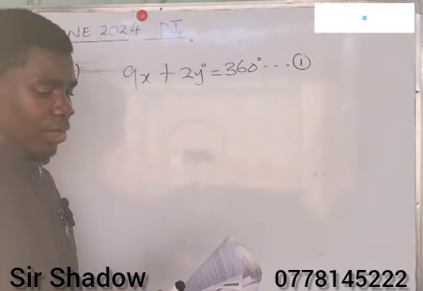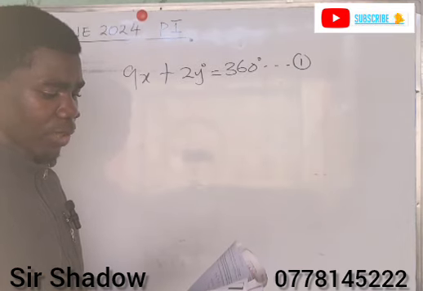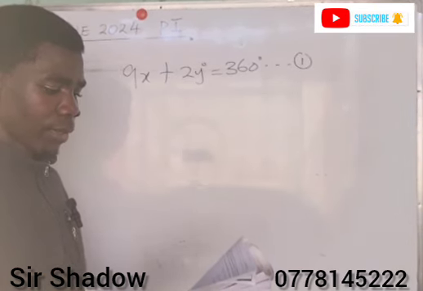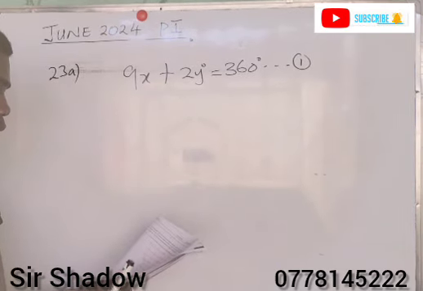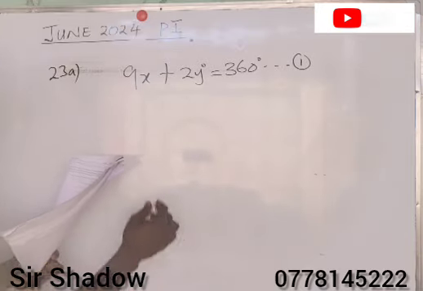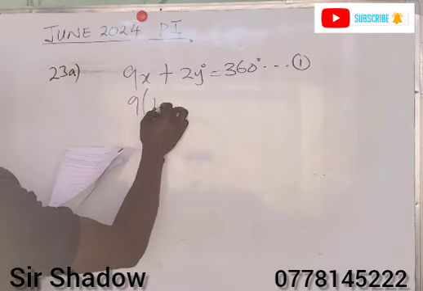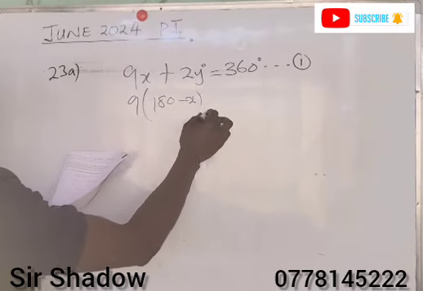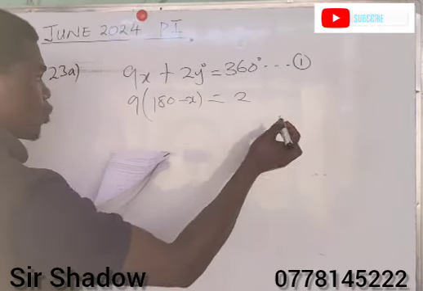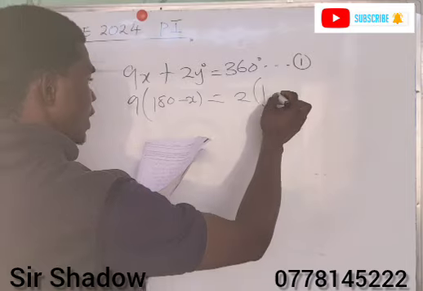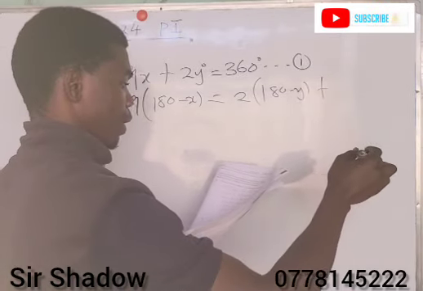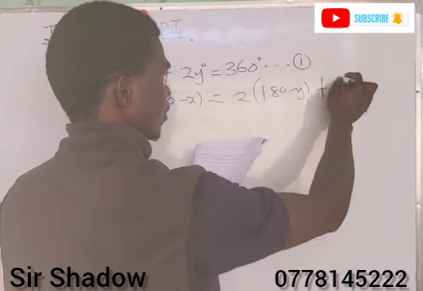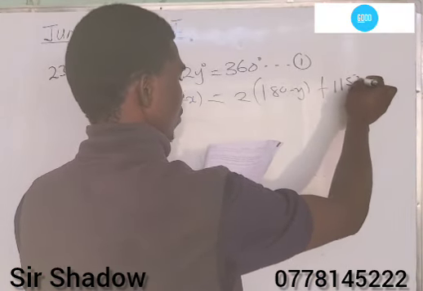Then the sum of the 9 exterior angles adjacent to the interior angles of the polygon is 9 multiplied by (180 minus x). This, plus 2 multiplied by (180 minus y), plus the sum of the interior angles, which is 1152.